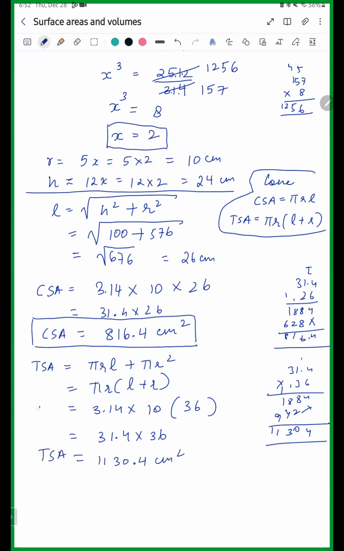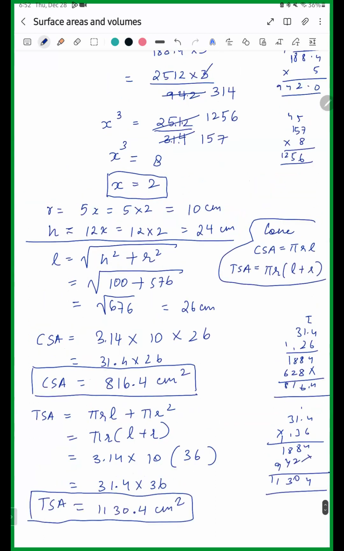It could be that I could be having calculation errors, but I'll check the answer anyway. Yes, 1130.4 centimeter square is the total surface area, and 816.4 is the curved surface area. So this is going to be the answer. Kindly note it down.